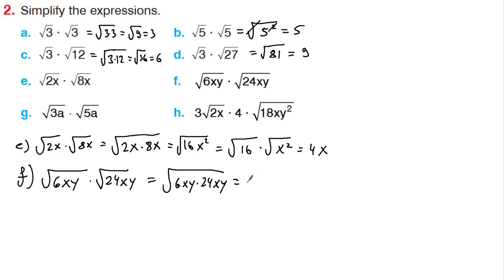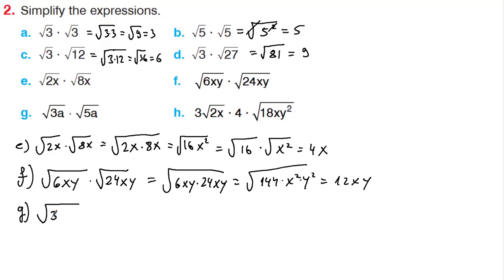Now 6 times 24 is 144 times x squared times y squared. Now this is 12xy. I skipped a step to separate it into 3 roots, square root of 144, square root of x squared, square root of y squared, but we will just get the same answer there.